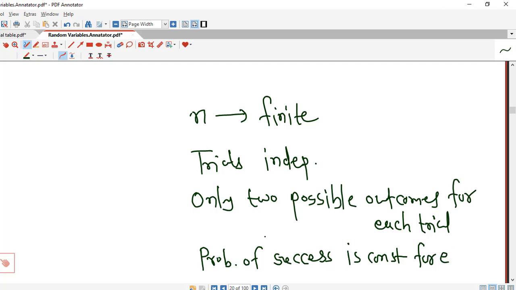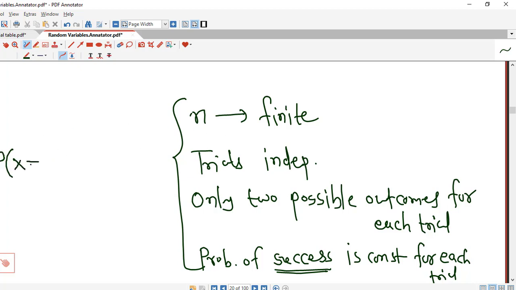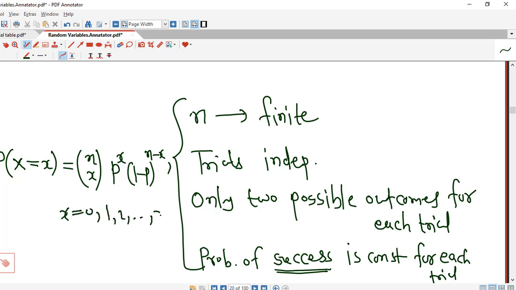We decide which of the two possible outcomes we consider as success and which we consider as failure. So the probability of success is constant for each trial. If these four conditions are satisfied, the given problem is of binomial distribution, and the probability mass function has the standard formula nCx p raised to x, 1 minus p raised to n minus x, where x is from 0, 1 up to n.